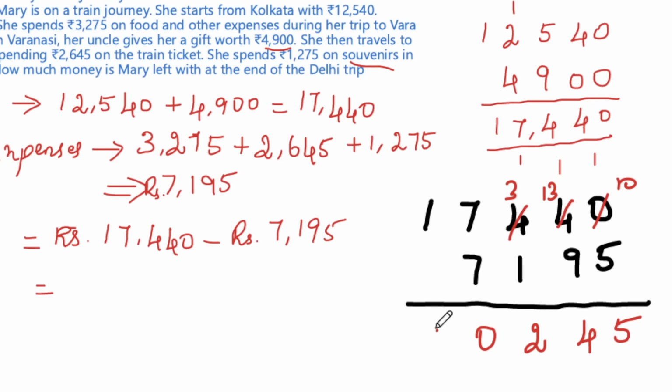And we have 1 here. So how many rupees are left with Mary? Mary is left with 10,245 rupees.